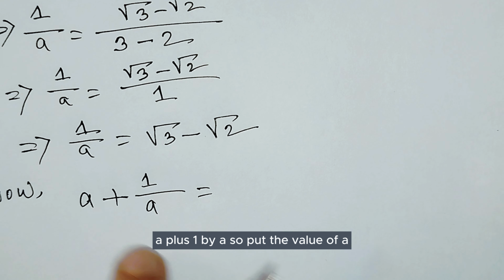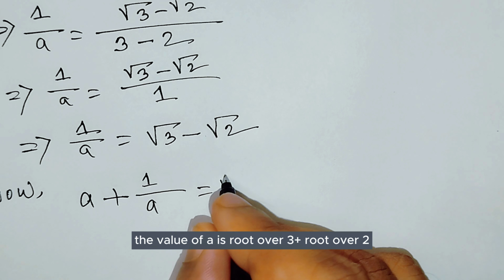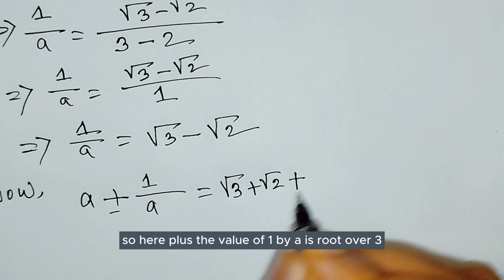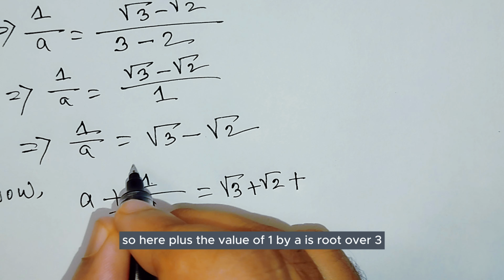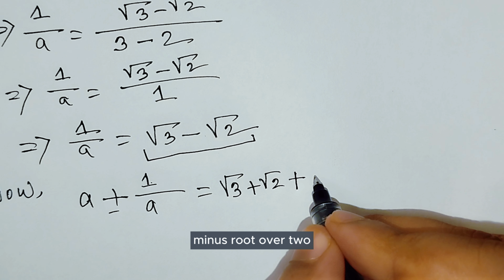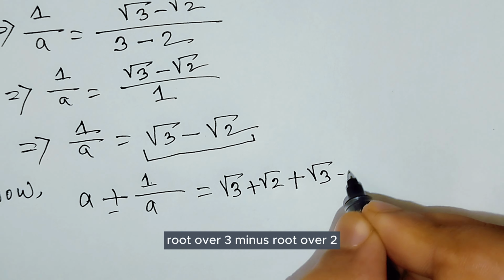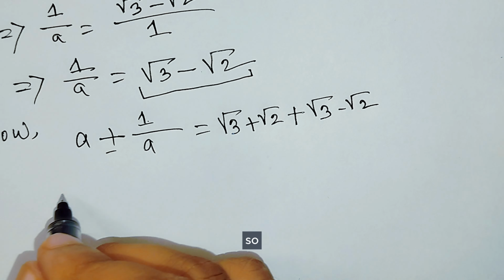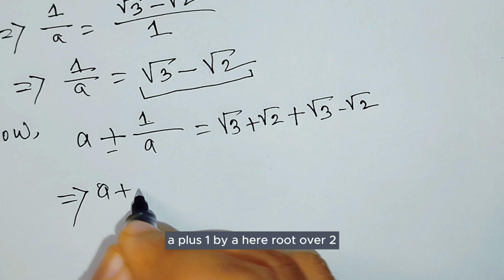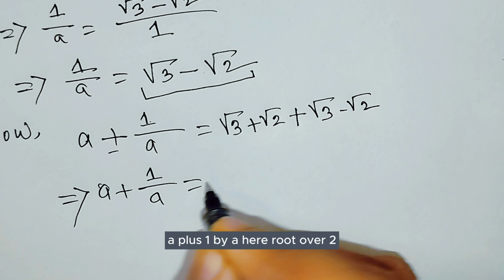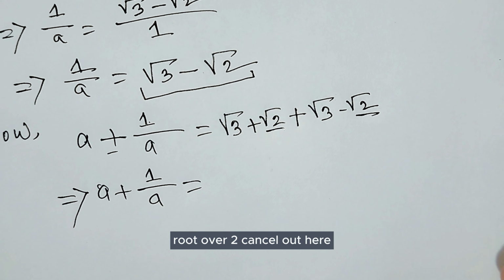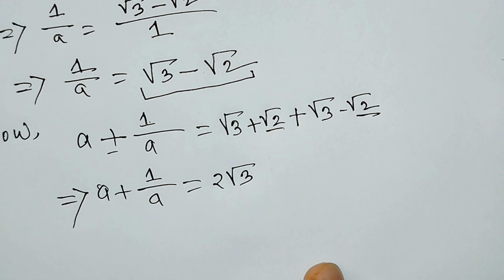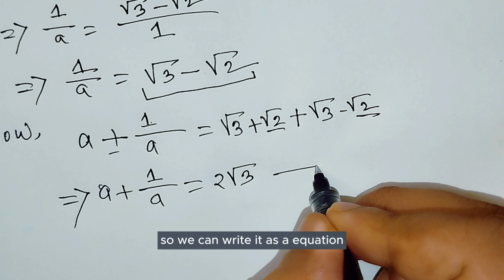Put the value of a, which is root 3 plus root 2, plus the value of 1 by a, which is root 3 minus root 2. Here root 2 cancels out, and only 2 root 3 remains. So a plus 1 by a equals 2 root 3.